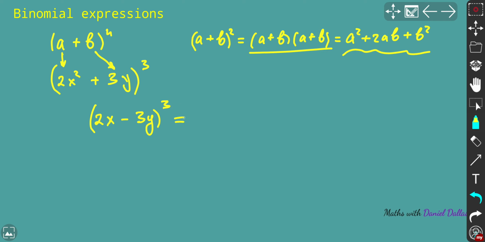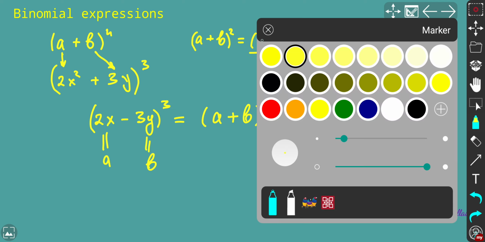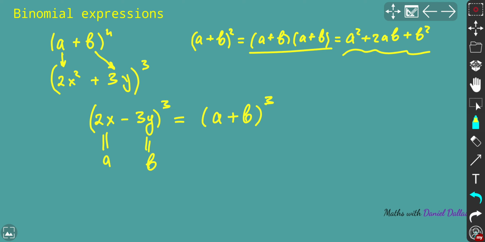You can easily say that if we mark a as 2x and put negative 3y instead of b, you can write it as still (a plus b) to the power 3, because normally for a binomial we use the addition rule. So instead of b, we simply put the negative structure, negative 3y. And then you can still use the general formula for that.